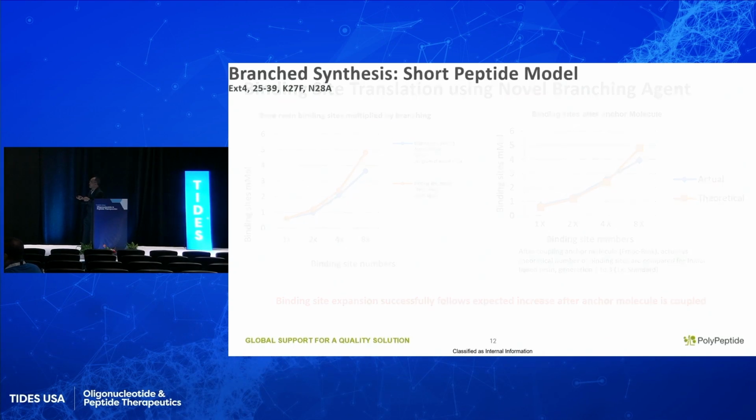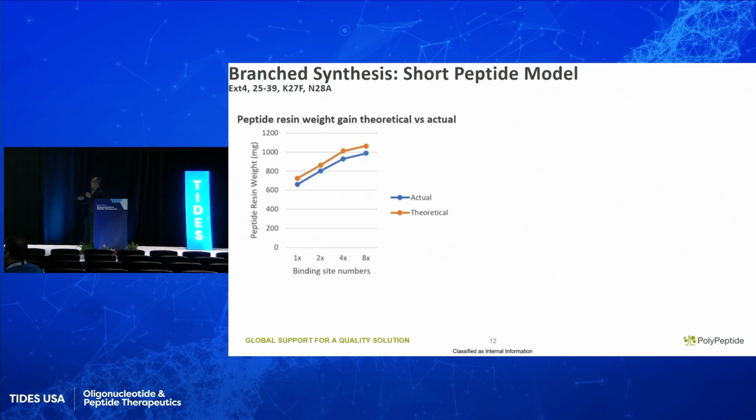So we're going to build a short peptide, and this sequence is taken from the extended region 25 to 39. This is a 15-mer peptide, 15 amino acids long, with the substitution of K27 to N28, so 2 amino acids were replaced.